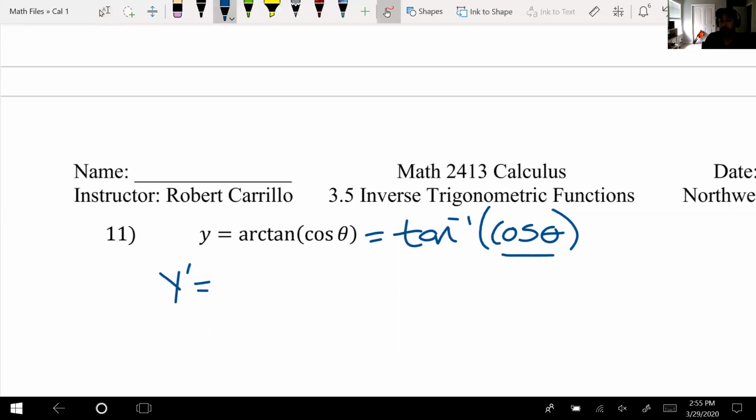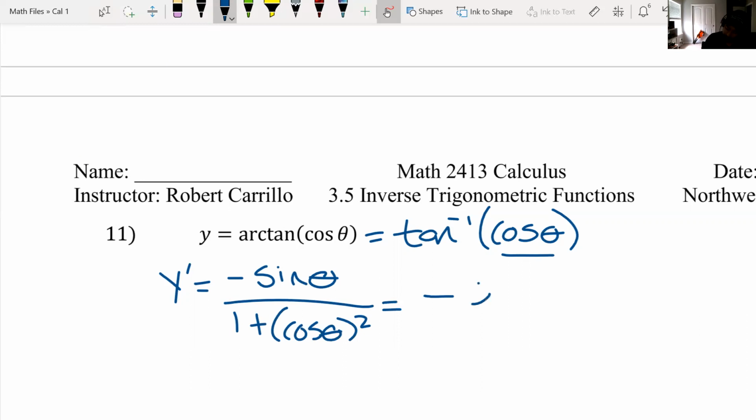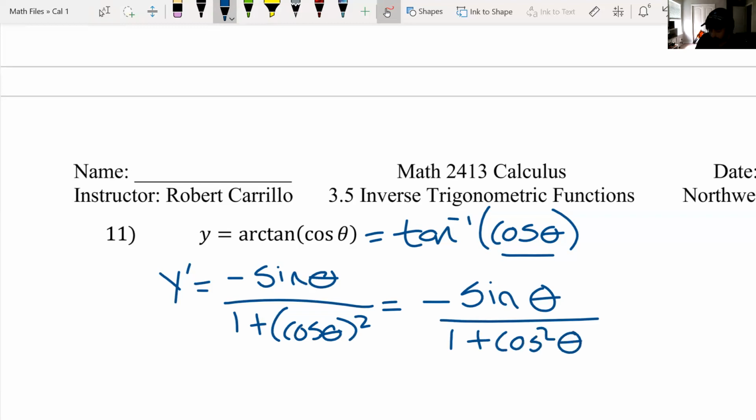So we want the derivative of cosine, negative sine theta, over 1 plus parentheses cosine theta squared. And I get negative sine.